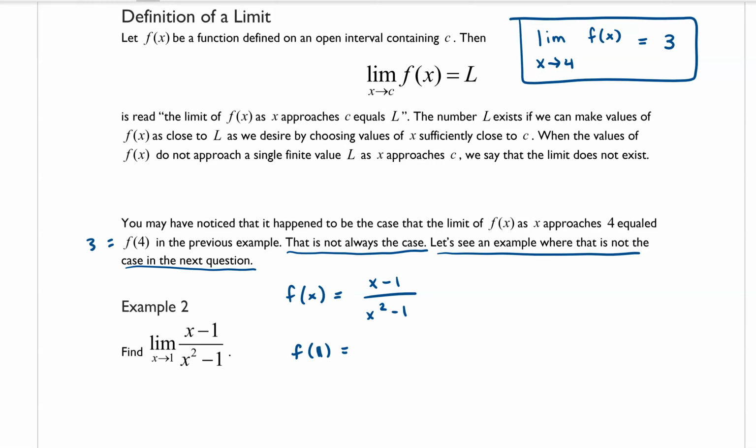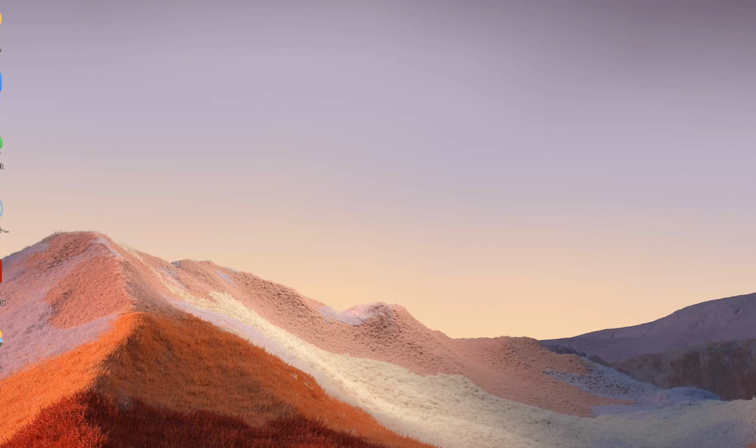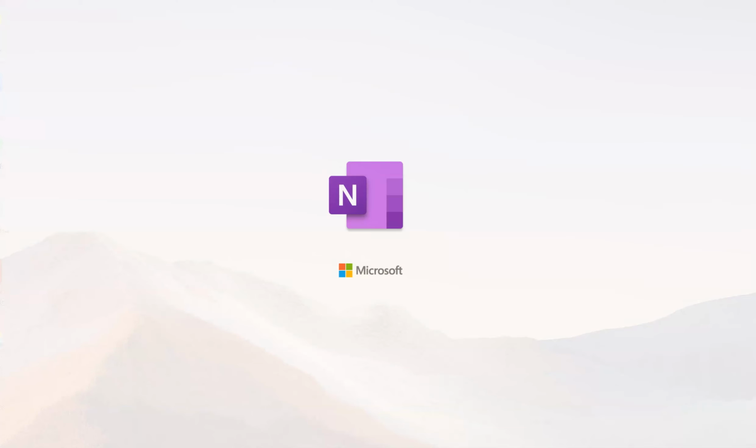We just plug 1 into the function and see what we get as an output. So we'd get 1 minus 1 over 1 squared minus 1. If we simplify, 1 minus 1 is 0, and 1 squared minus 1 is also 0. Hopefully you've been taught that when you divide something by 0, that thing is undefined.